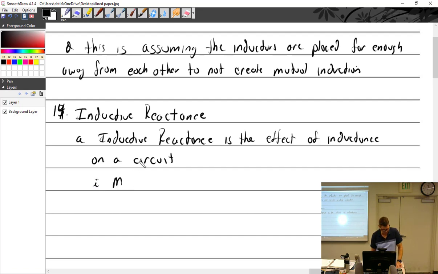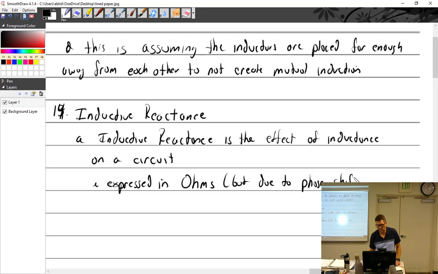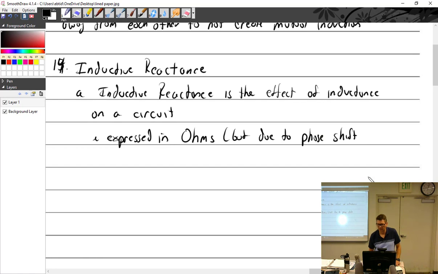I should say expressed, not measured. Expressed in ohms. Yay, back to normal. But due to phase shift, it is not considered resistance.